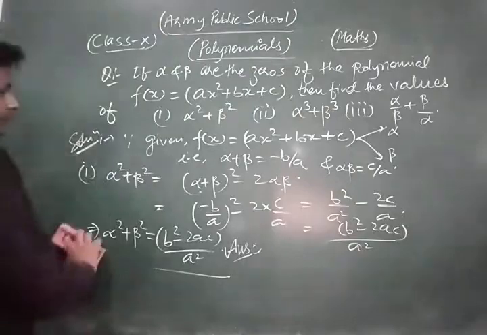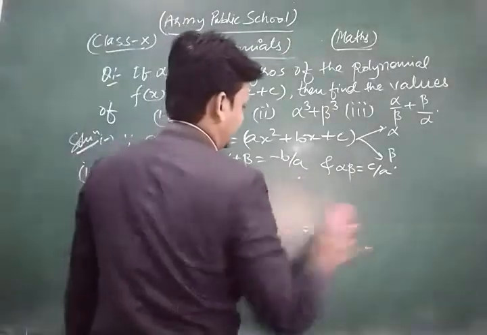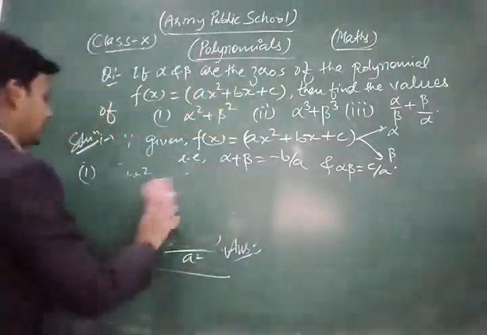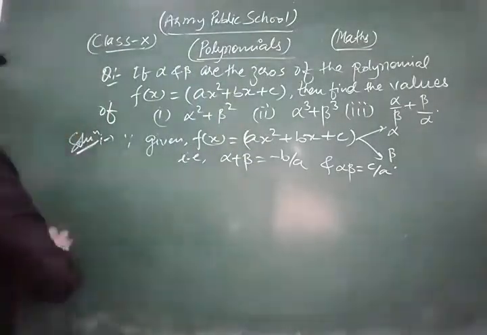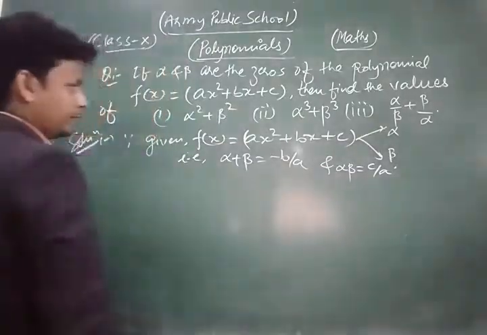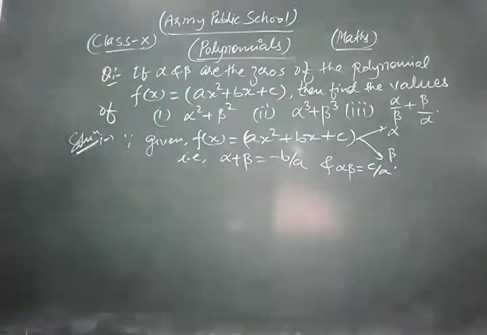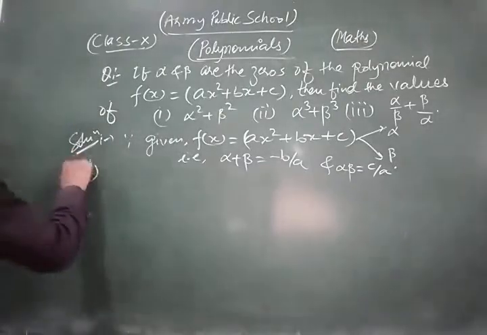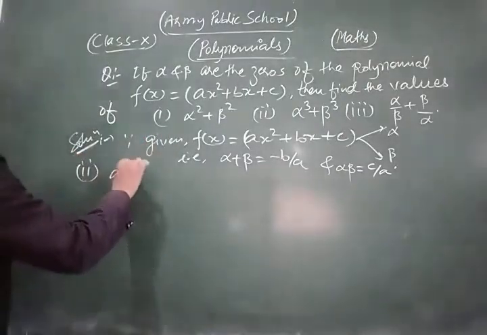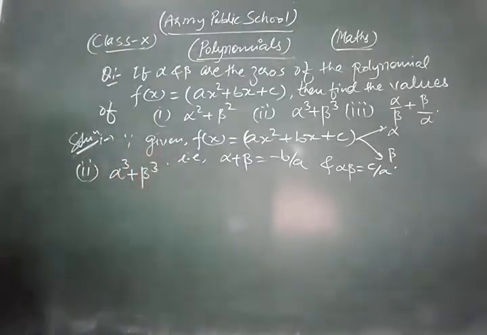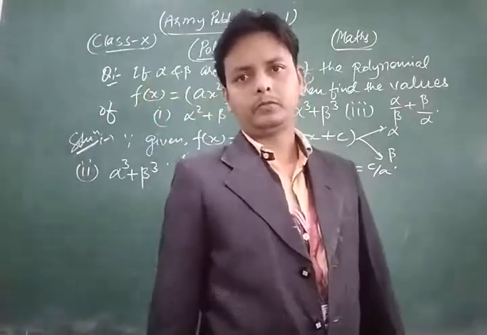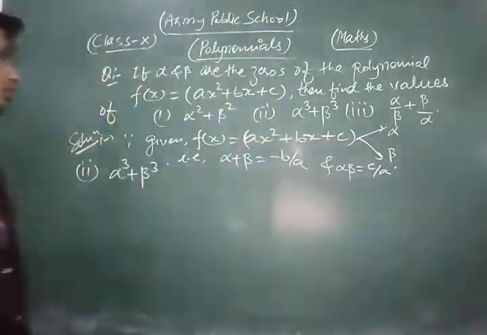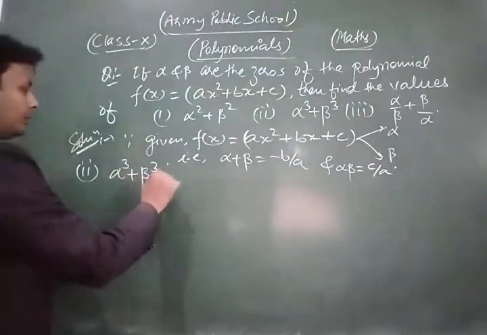Now we take and solve the second part of this question. We find the value of alpha cube plus beta cube. Okay. So look, first of all, we use the identity of a cube plus b cube.